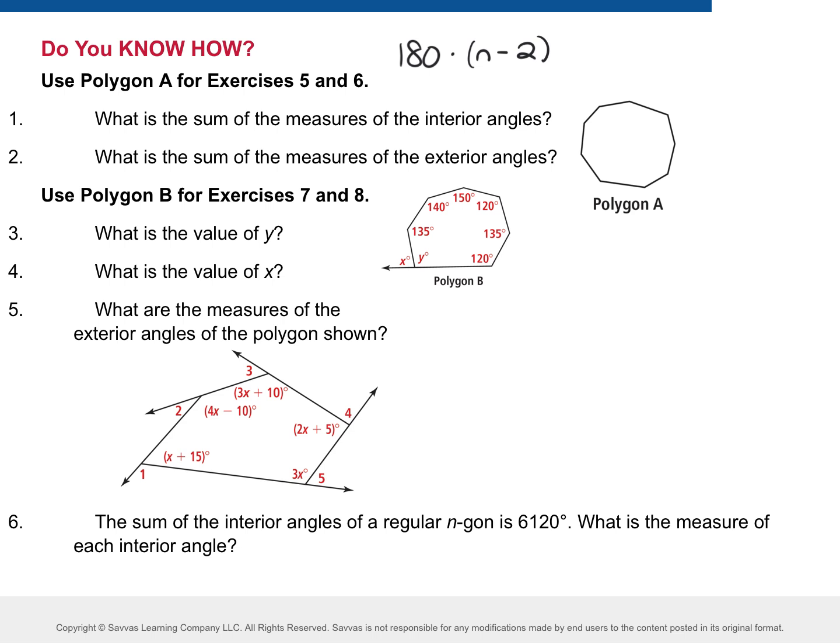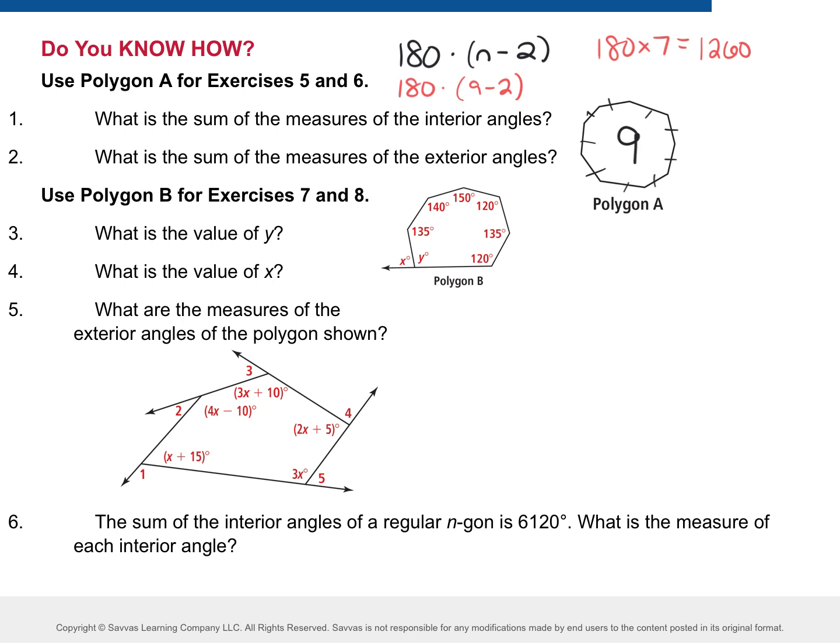Number of sides. How many sides does that polygon have? 1, 2, 3, 4, 5, 6, 7, 8, 9. It is a nonagon. So all I would do is plug in 9 to our equation here. 9 minus 2. So I have 180 times 7, which is 1,260. That is your answer for number 5.